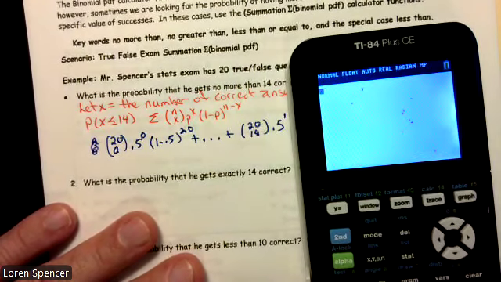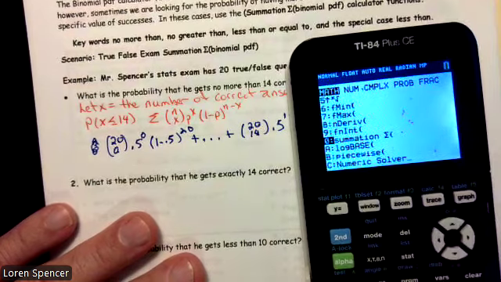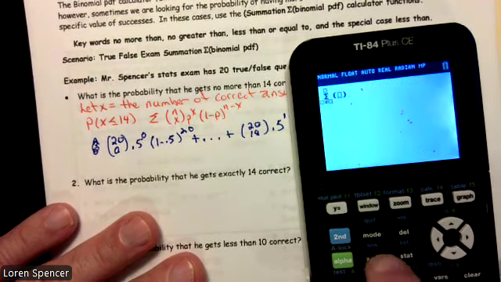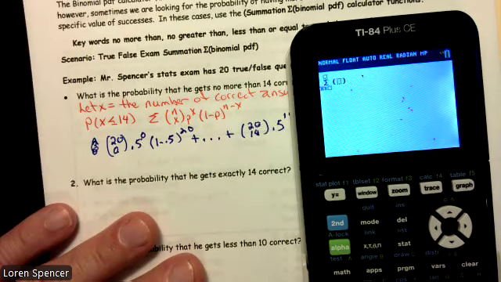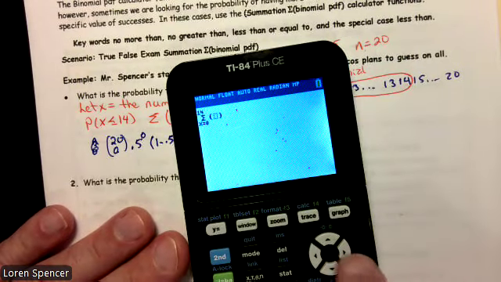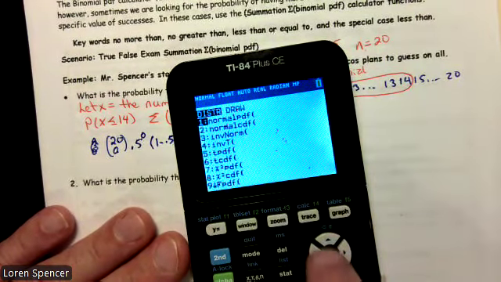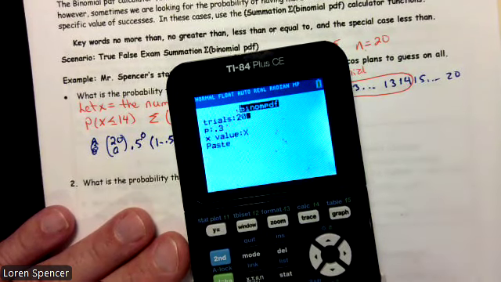And here we go. We're going to press math, drop down to summation, and press the X button, which is right here. My lowest value is 0. And then we want up to 14. That was the highest value circled. Second vars, binomial PDF. Trials, we have 20 of them. Our probability is 0.5.